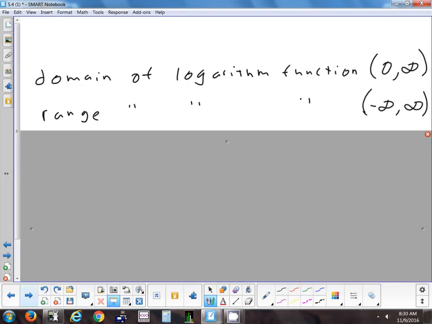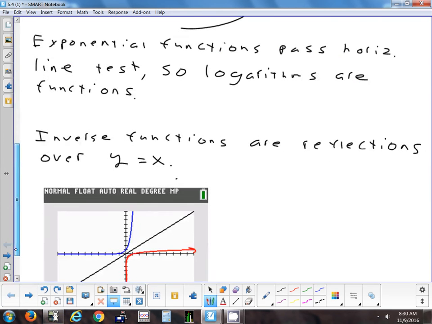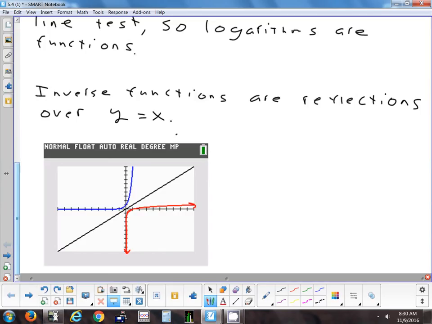All right, so the domain and range, if I bring the graph back up, you can take a look at that and see. I said the domain is 0 to infinity. If you look at the function in red, it has a vertical asymptote at 0, on the y-axis. So the domain is from 0 to infinity.